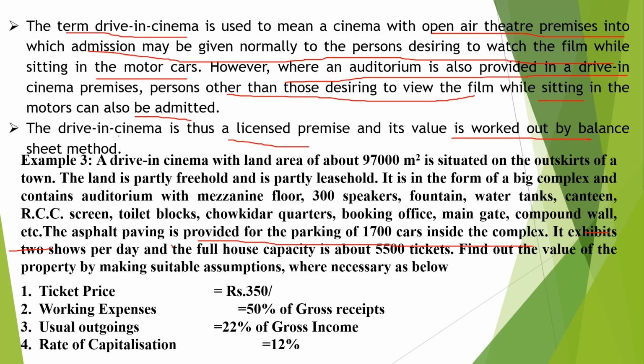Find out the value of the property by making suitable assumptions where necessary, as below. Ticket price is given as rupees 350 per ticket. Working expenses are 50% of gross receipt. Usual outgoing is 22% of gross income. Rate of capitalization is 12%.